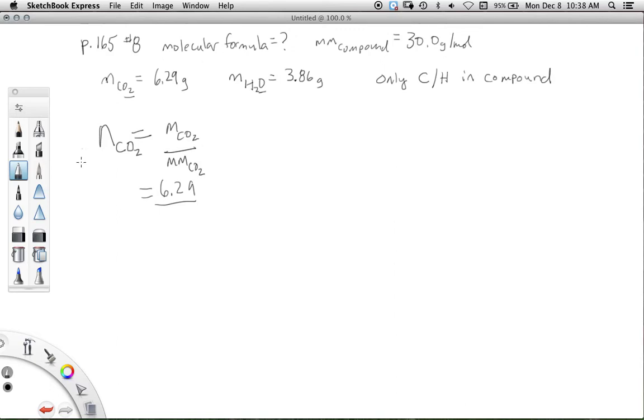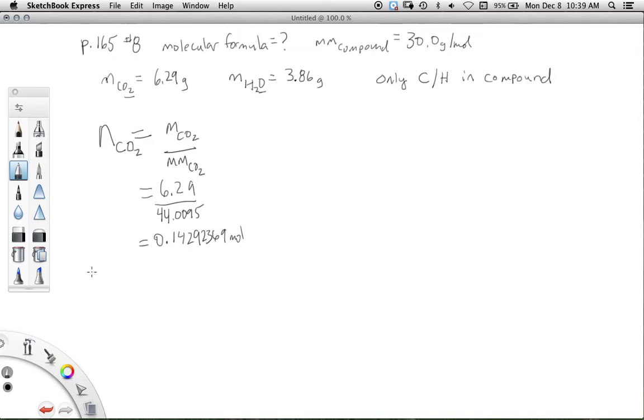I've got 44.0095, and that equals 6.29 divided by 44.0095, which gives 0.1429236 moles of carbon dioxide.